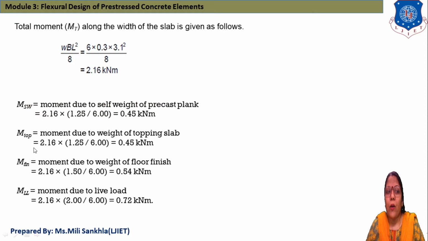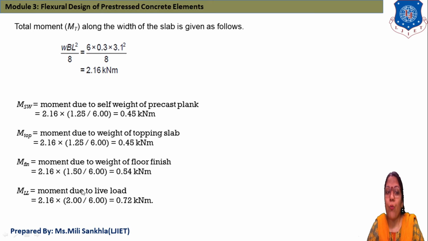Second, we find moment due to weight of topping slab. Again 2.16, the total moment, into self weight 1.25 divided by 6, total 0.45 kN meter. Then moment due to weight of floor finish: again 2.16 into 1.5 divided by 6, that is 0.54 kN meter.